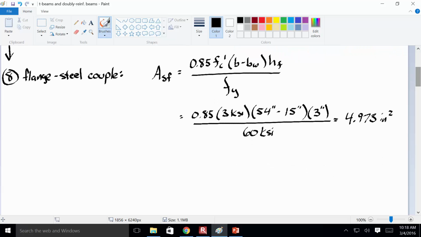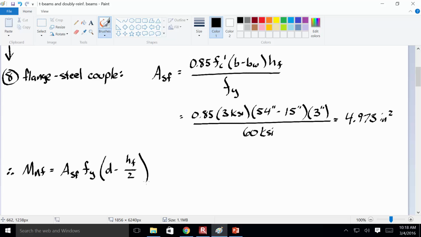Everybody got this? Now, what I am going to do right now is I'm going to say, all right, therefore, the nominal moment capacity of the flange couple is, and I put that as a sub, that's going to bug me. d minus hf over 2, right?